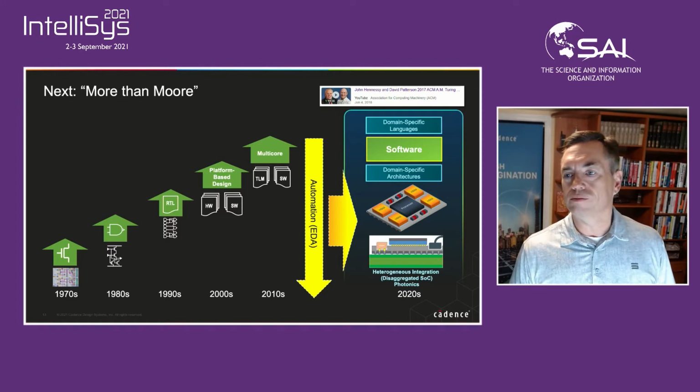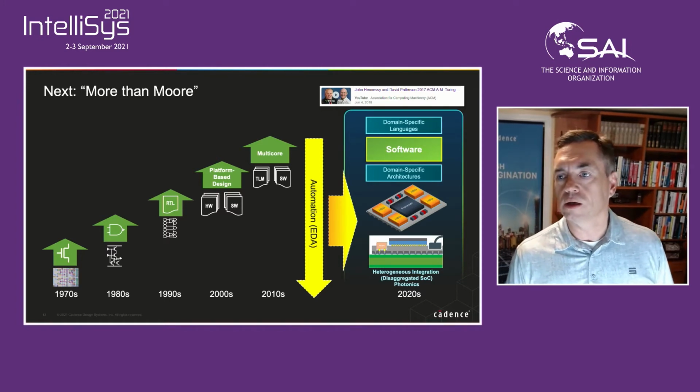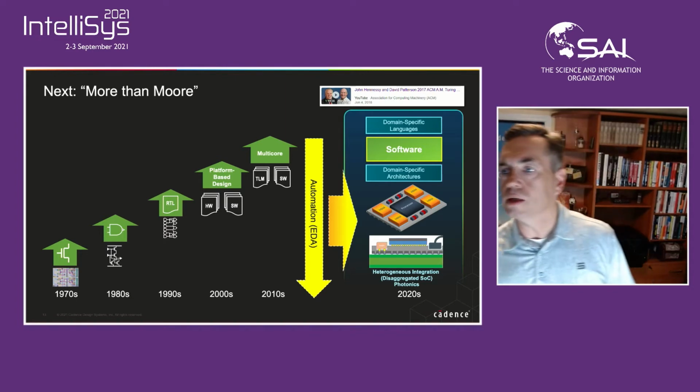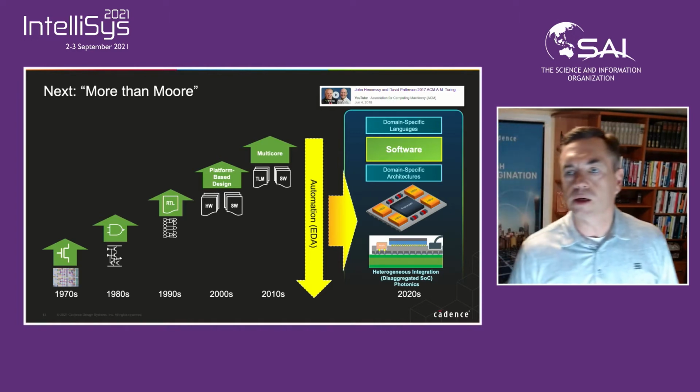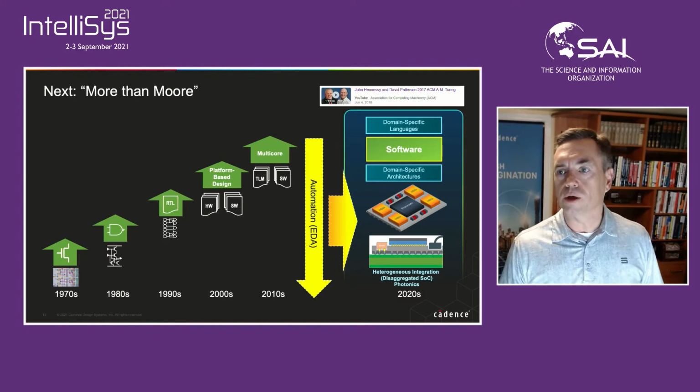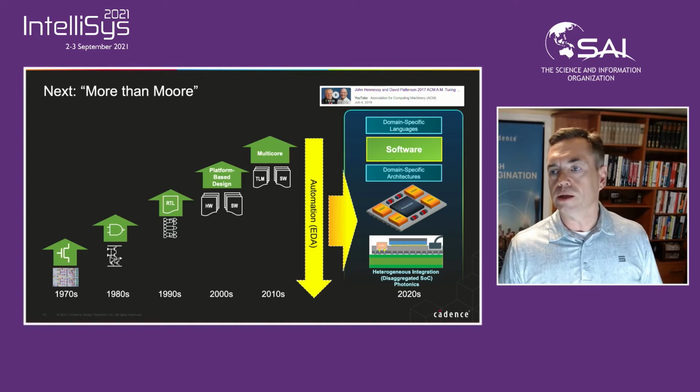And we have just entered, and these are some of the pioneers in this whole domain, John Hennessy and David Patterson, in their Turing Award lecture a couple of years back, they talked about this golden age of semiconductors, where we now, as a next step, really look at domain specificity. We look at very domain-specific architectures, domain-specific languages, and do hardware-software co-optimization.